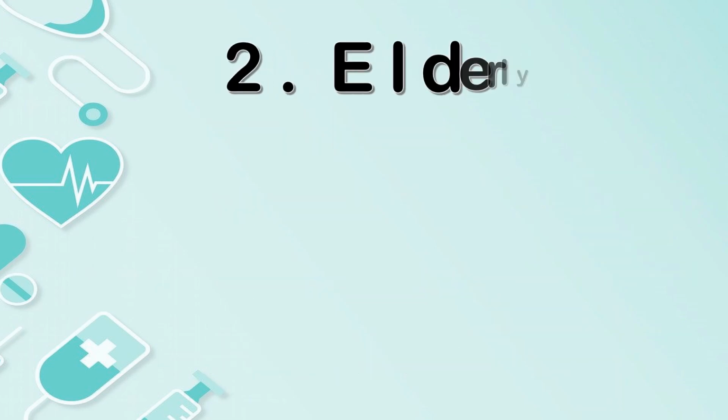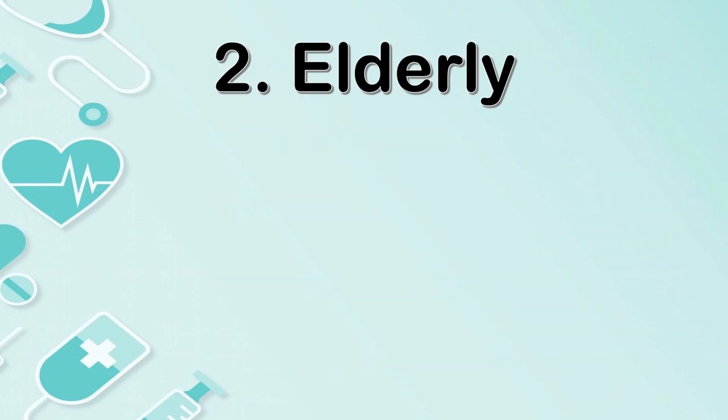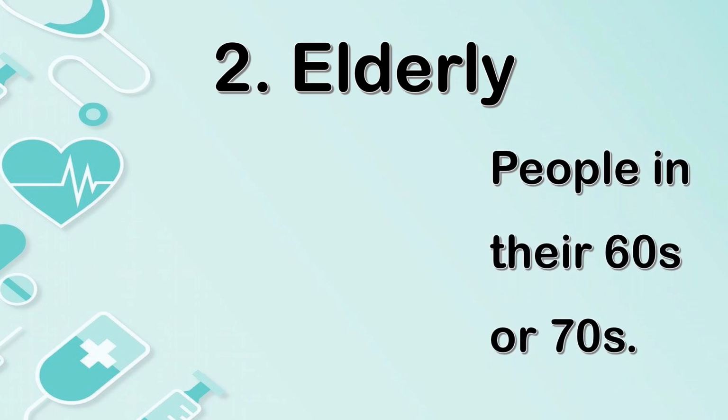Number 2, elderly or the older adults, the people in their 60s or 70s, more likely to get severely ill from COVID-19. More than 80% of COVID-19 deaths occur in people over age 65, and more than 95% of COVID-19 deaths occur in people older than 45.